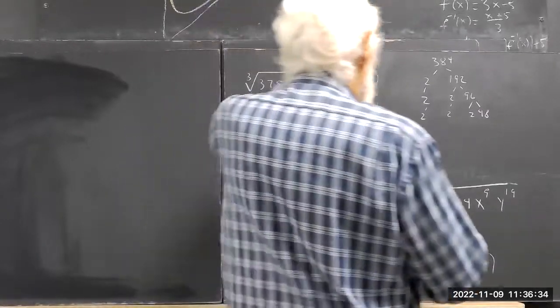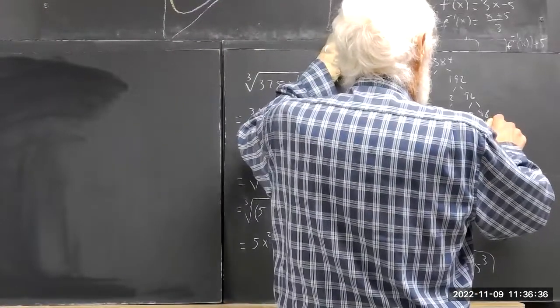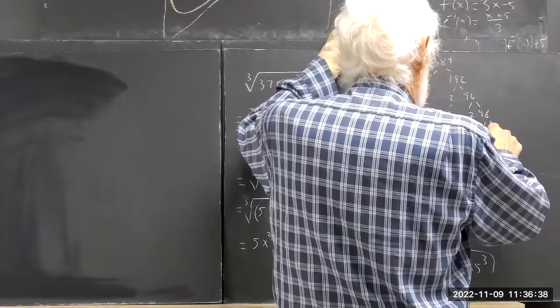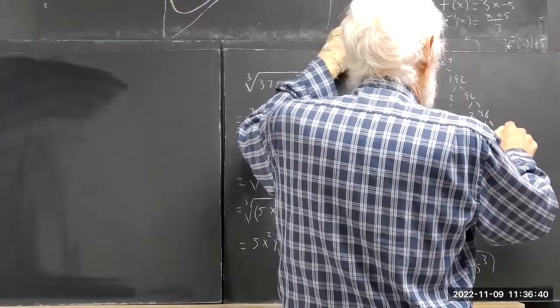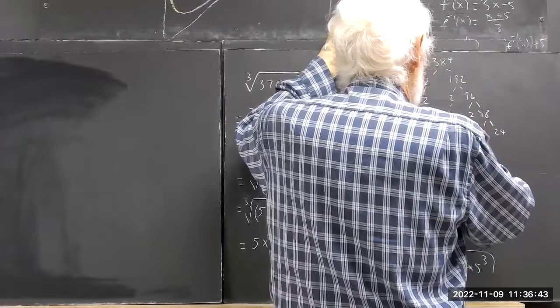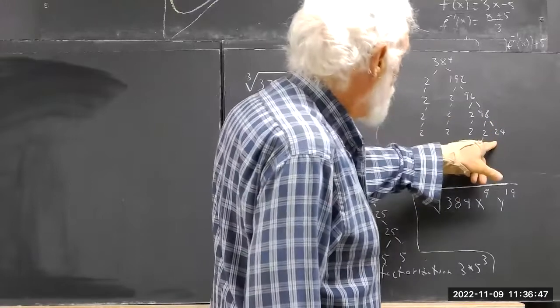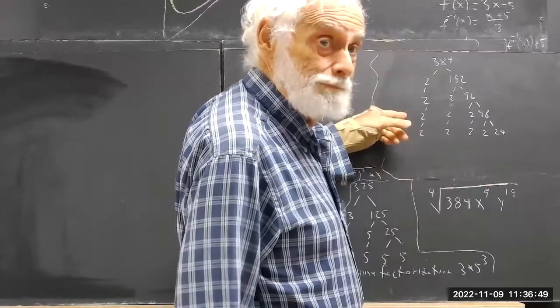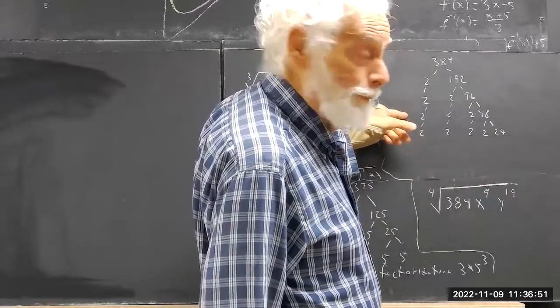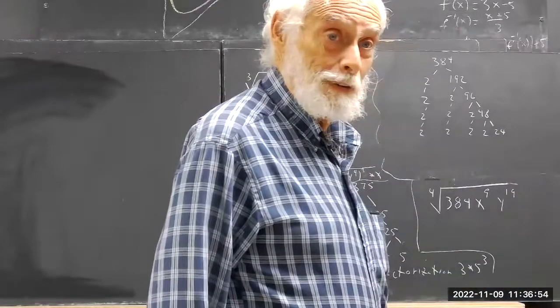There we go, 2, 2, 2, 2, 2. Still a nice process. You just break this down and make sure you write all the others down. All these multiply out to 384.